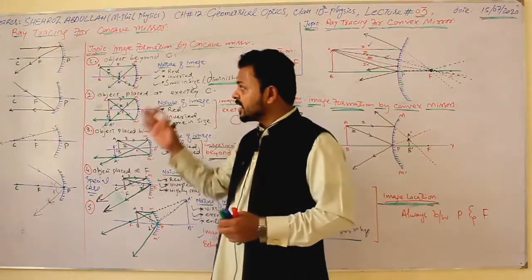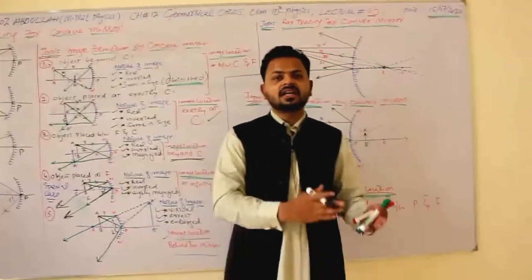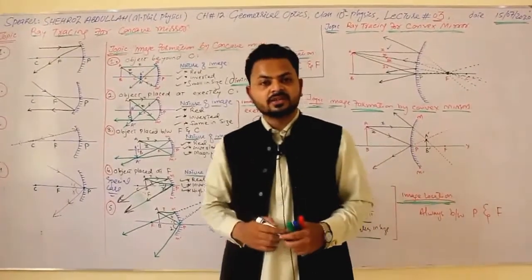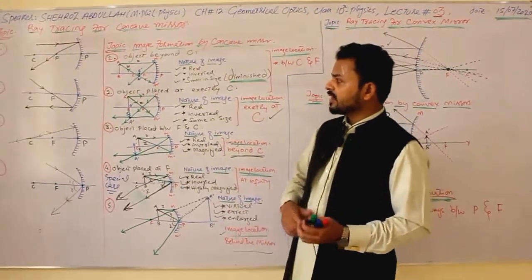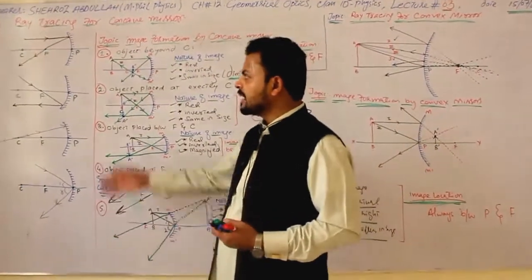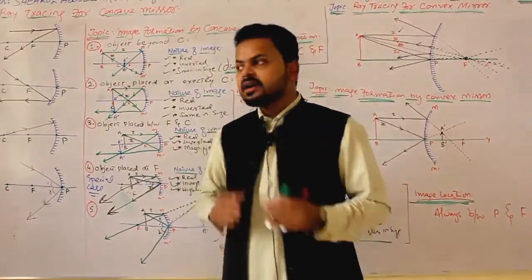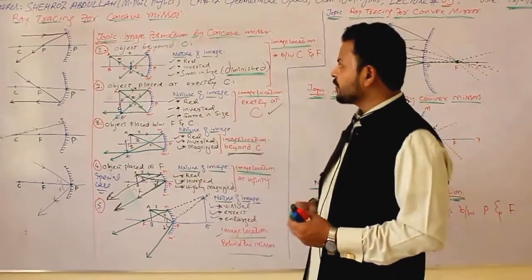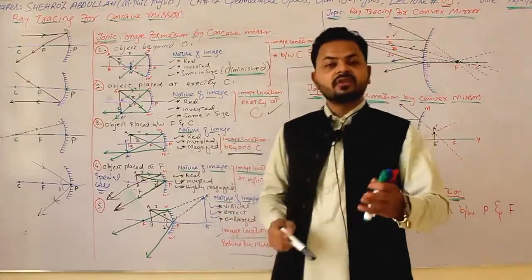In today's work, we have discussed ray tracing and image formation by concave mirrors as well as convex mirrors. In the case of concave mirror ray tracing, we have discussed 4 rays with diagrams and the paths they follow, and similarly in the case of image formation by concave mirror, we have discussed 5 cases.